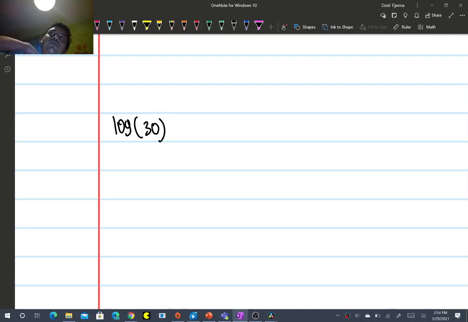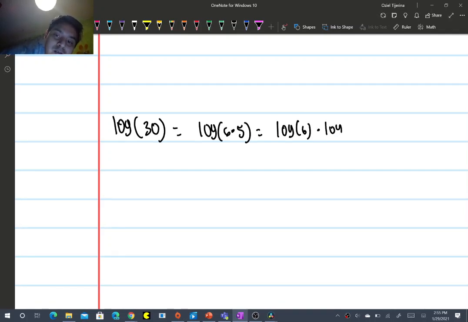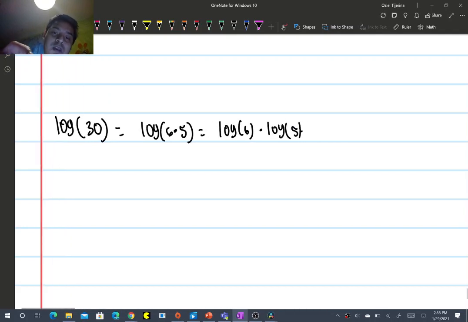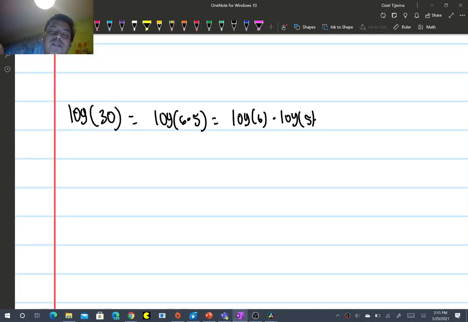Even though I don't really know what that is, I can do my very best in terms of simplifying it as much as I can. I can say this is log of 6 times 5, which is log of 6 plus log of 5, excuse me. And you can do that and then simplify it and get an approximation.